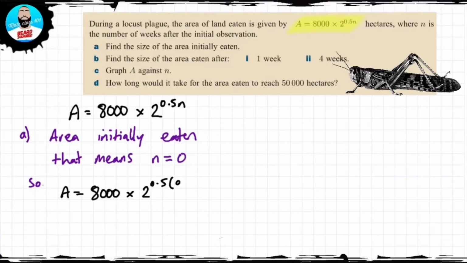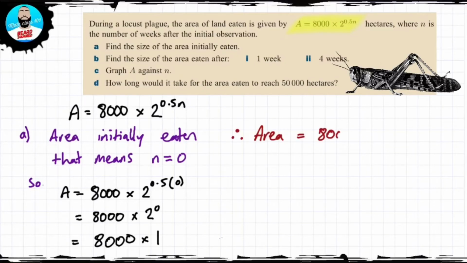So area equals 8,000 times 2 to the power of 0.5 times 0. That gives me 8,000 times 2 to the power of 0. Anything to the power of 0 equals 1. So that becomes 8,000 times 1. Therefore, the size of the initial area eaten is 8,000 hectares.